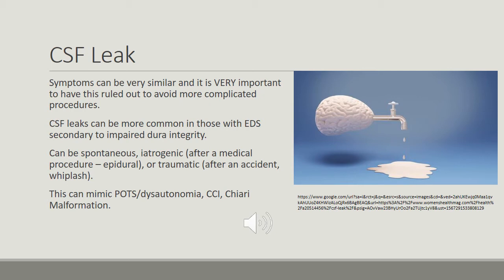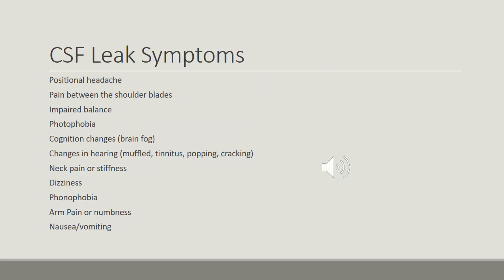So let's open this up a bit more. Let's look down this list of CSF leak symptoms, and you'll see why it could be very similar to CCI symptoms. You're going to find a lot of the same things.